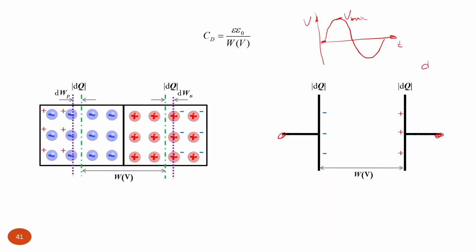If we consider dV as the change of the potential difference, this will result in some change of electric charge accumulated at the plates of the parallel capacitor. And they are localized in a very thin layer at the interfaces. What will happen with a PN junction?